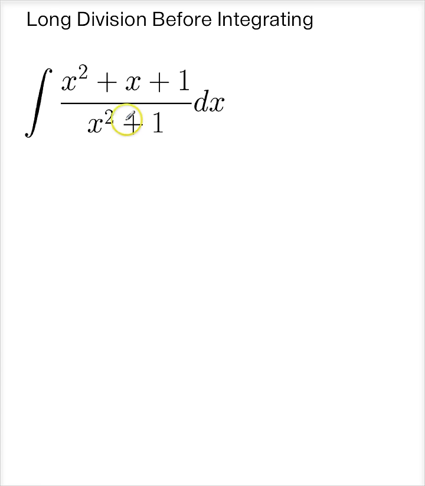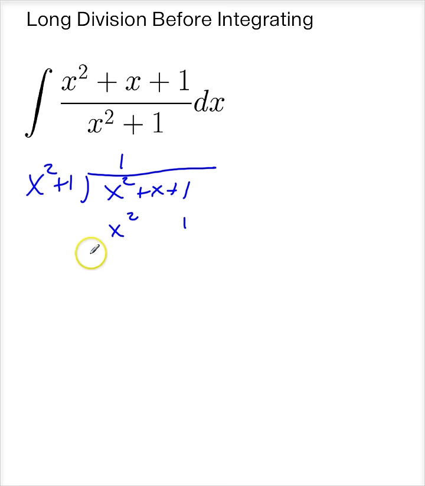All right, now let's look at this one. This one is a little bit more complicated than the ones we've been doing because the power of the numerator and the denominator are the exact same. So the first thing I'm going to do is long division to see if I can rewrite this. So if I take x squared plus 1 and I divide it into x squared plus x plus 1, x squared goes into x squared one time. 1 times x squared is x squared. 1 times 1 is 1.